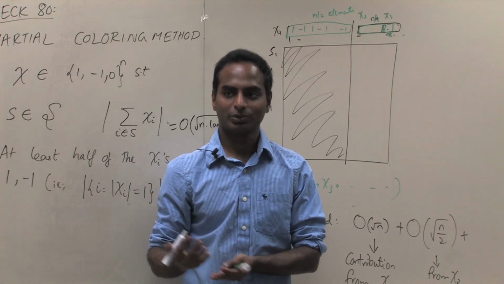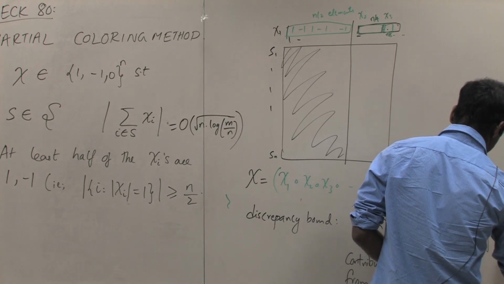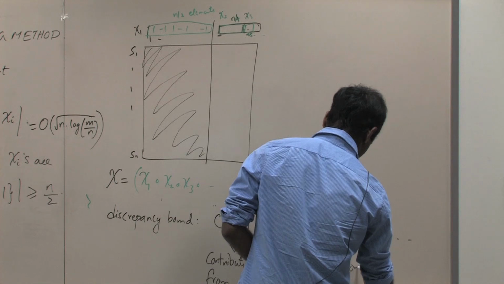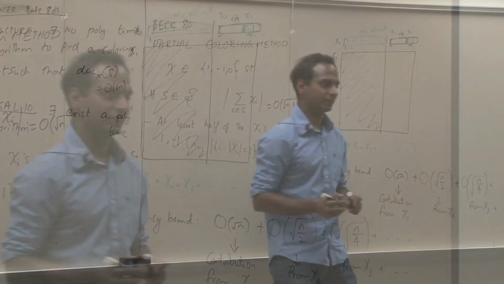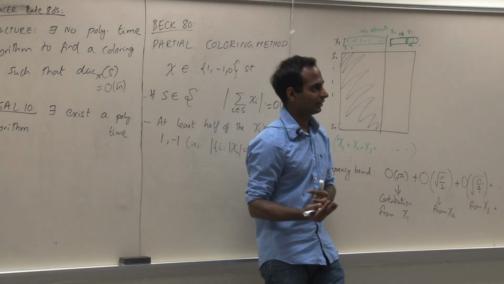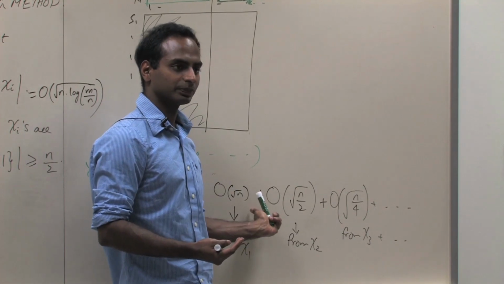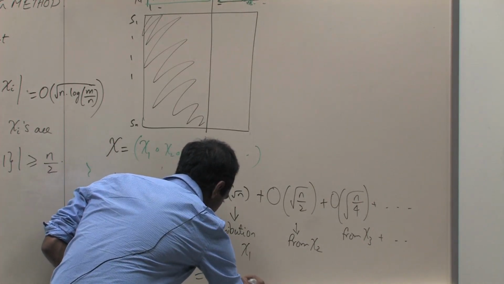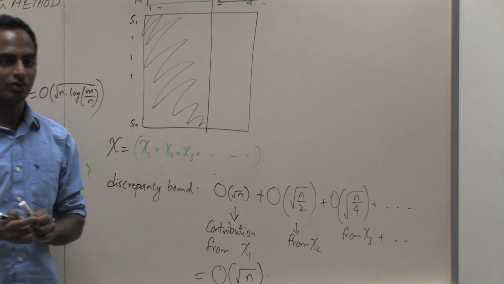You went from n over 2, n over 4, and so on. So what do I have here? I have a geometrically decreasing series, and so the sum will be dominated by the first term. This is just O of square root of n, which is what we are shooting for.